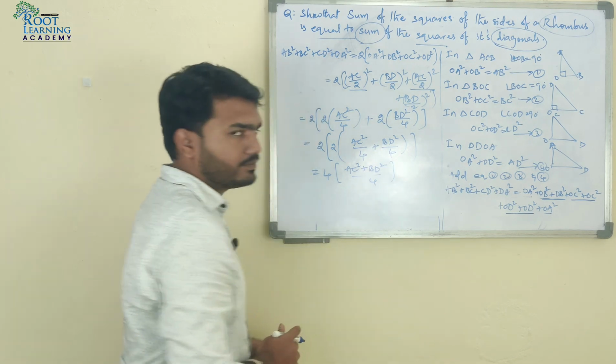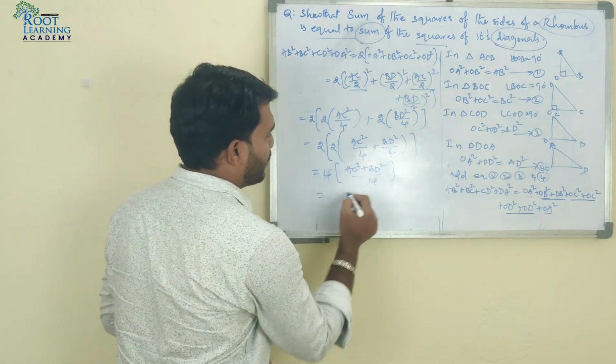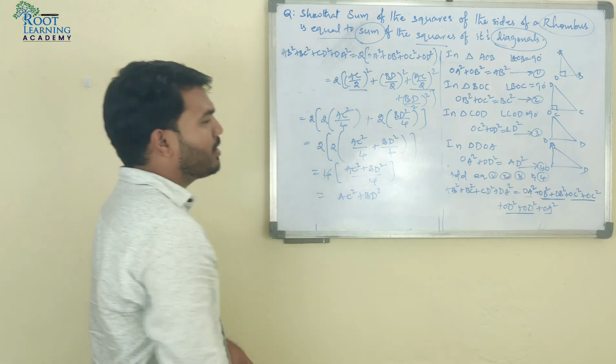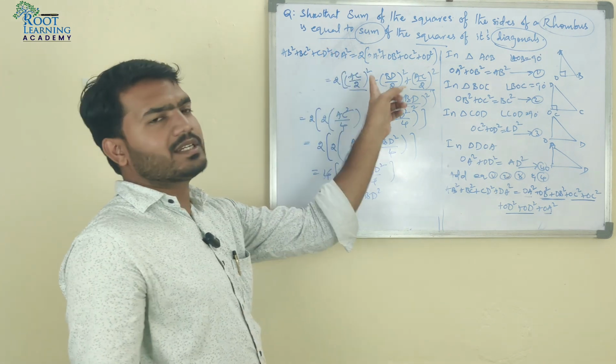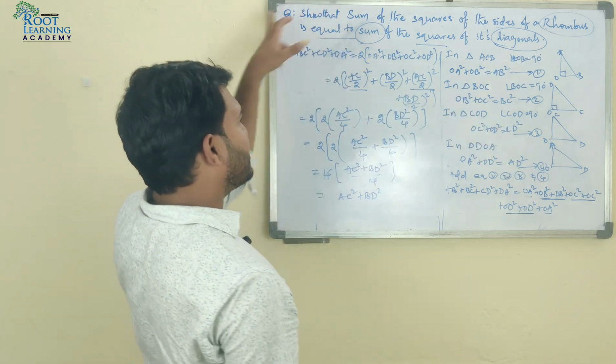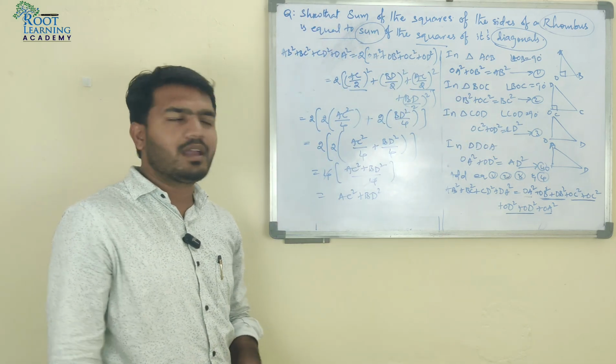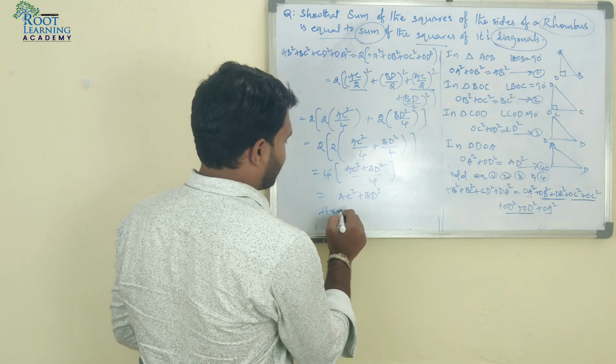So this 4 cancels, giving AC square plus BD square, and it is equal to AB square plus BC square plus CD square plus DA square. So the sum of the squares of the sides of a rhombus is equal to the sum of the squares of the diagonals. Hence proved.